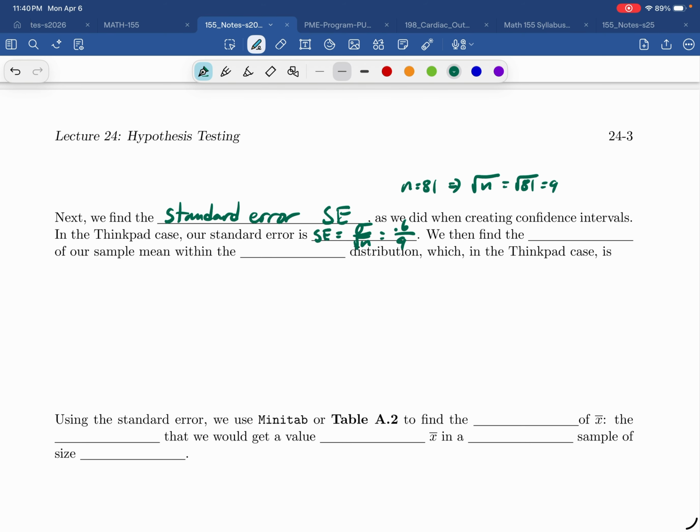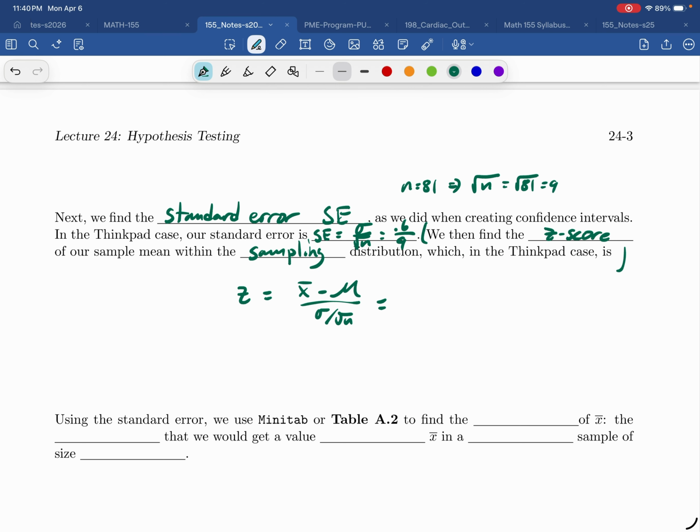And then we are going to find, now, this is a little bit technical. I'm just going to put this in parentheses because this is what's technically going on, but we don't actually need to calculate this by hand. What's really happening is we're finding the z-score of our sample mean within the sampling distribution, which in this case is going to be z equals, you don't need to write this down if you don't want to, x bar minus mu all over our standard error, right?